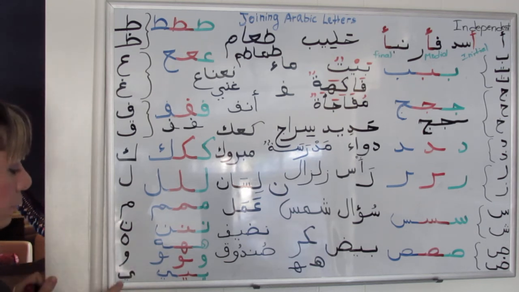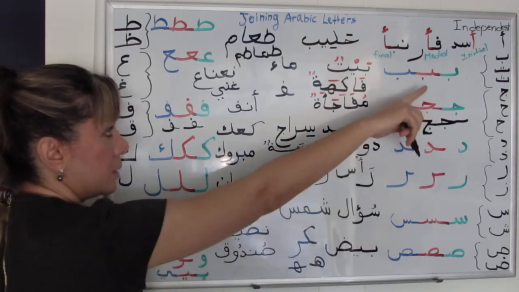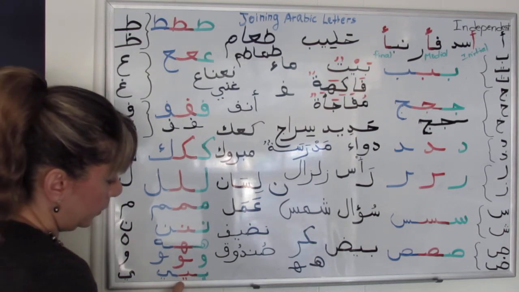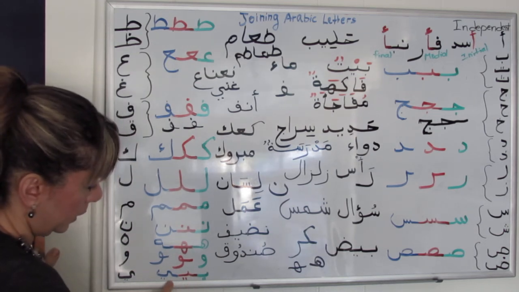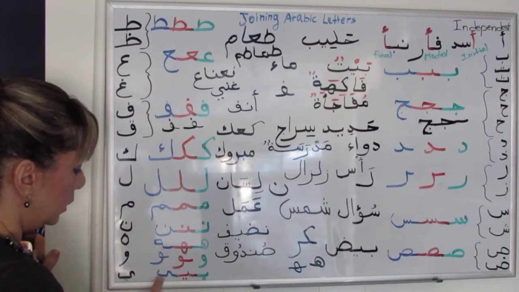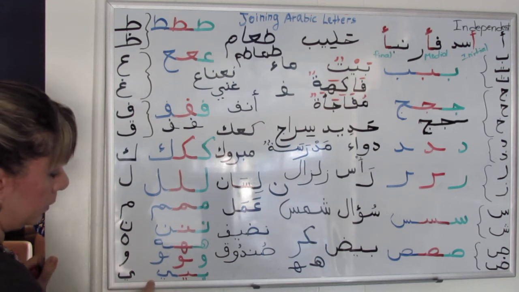And we have ya, it looks like ba ta tha with 2 dots in the bottom, in the middle form with handles to both sides, and in the end we keep the same shape as here.